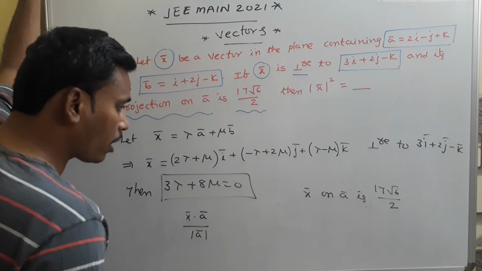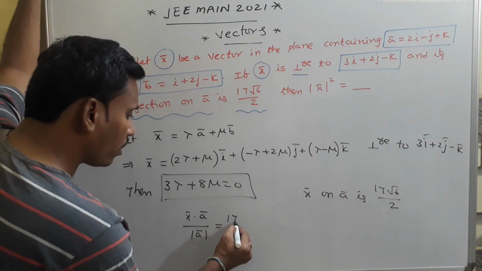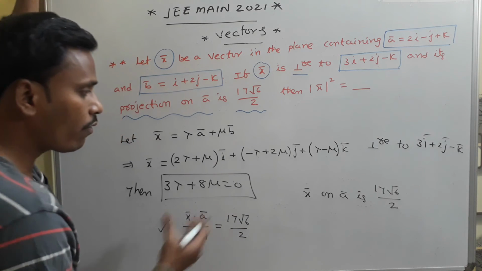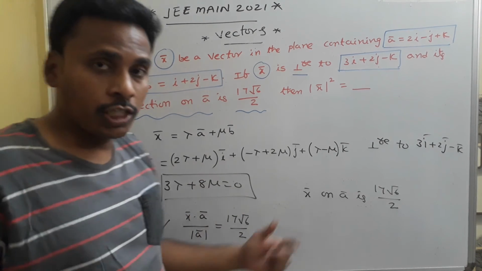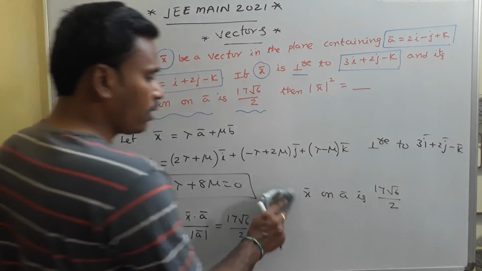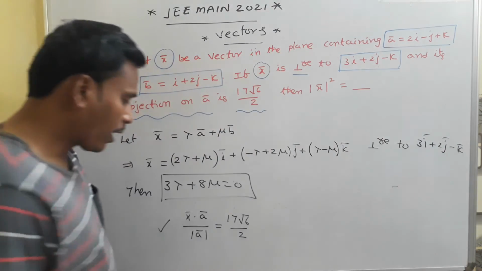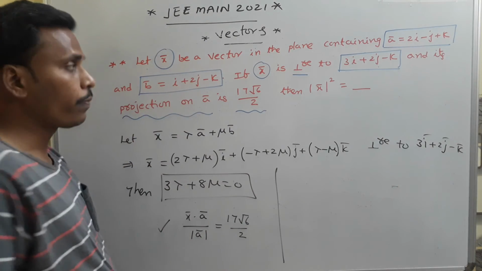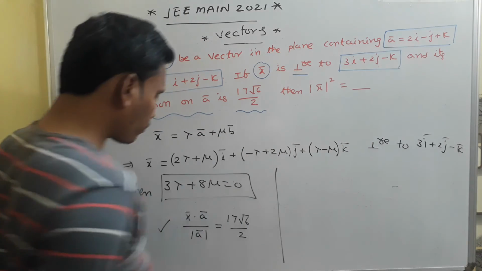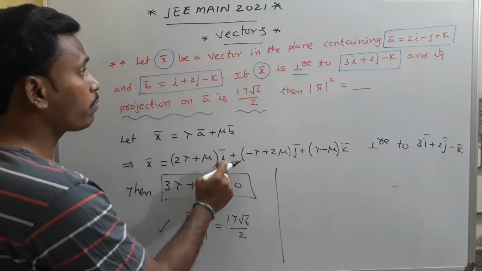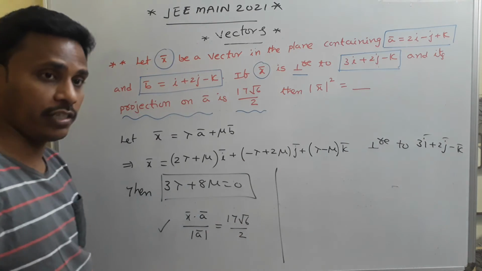X bar dot a bar by modulus of a bar is equals to 17 root 6 by 2. This relation we have from that projection concept. We said projection of b bar on a bar is b bar dot a bar by mod a bar, and likewise x bar on a bar is x bar dot a bar by modulus of a bar, 17 root 6 by 2. So a bar is this vector and x bar is this vector with us, and x bar dot a bar, we have to take the dot product of x bar again with a bar.